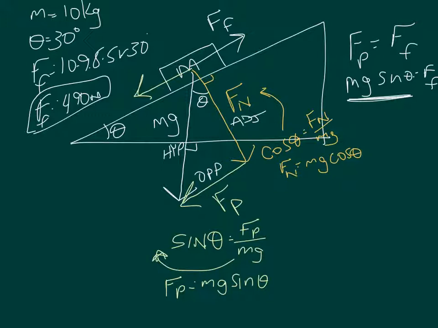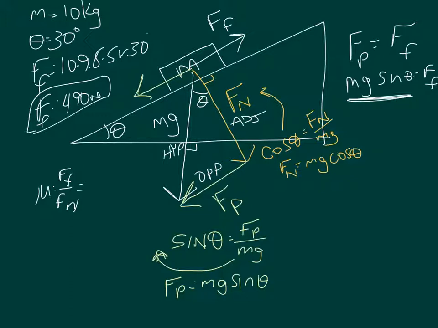Okay, if that's what you're trying to figure out, just the force of friction, then that's how you would do it. Now, if they were asking you what coefficient of friction is necessary to keep it from moving, then you would have to incorporate that mu is Ff over Fn. So you would have to put both of those in.